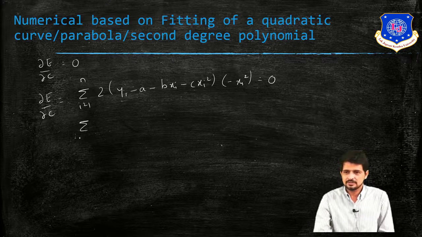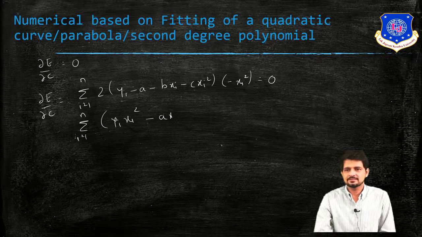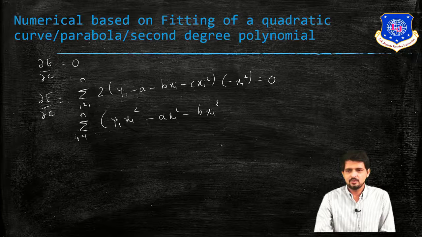Neglecting the constant, sigma i from 1 to n, here I can write yi into xi square minus a into xi square minus b into xi cube minus c into xi raised to 4 equals to 0.